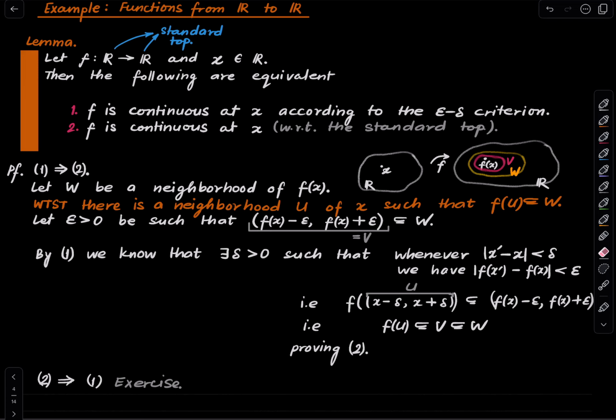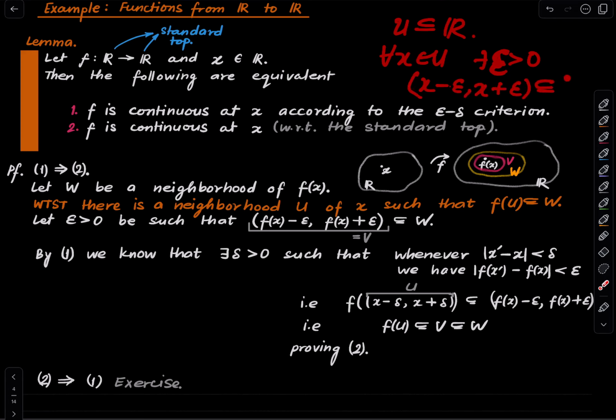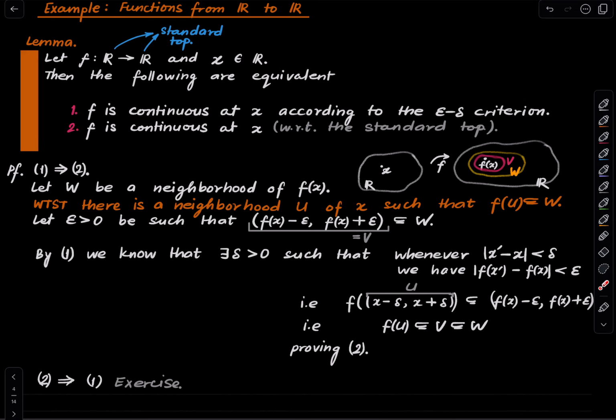In other words, we just use the fact that a subset U of R is open in the standard topology if for all x in U there is some epsilon greater than 0 such that this epsilon neighborhood is contained in U. So that's the definition of the standard topology. And after that it's just a matter of definitions to prove this equivalence. I have done one direction of it. The other direction is left as an exercise.